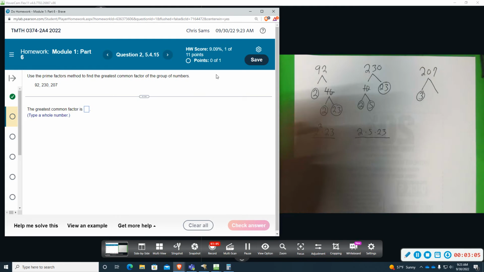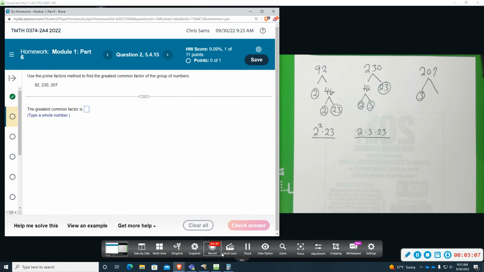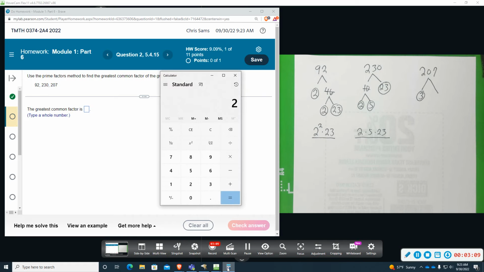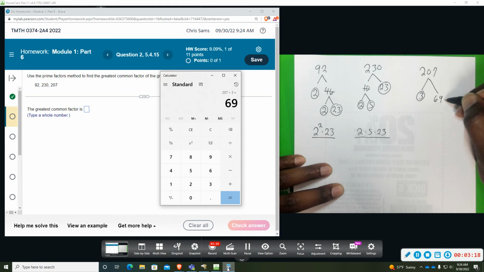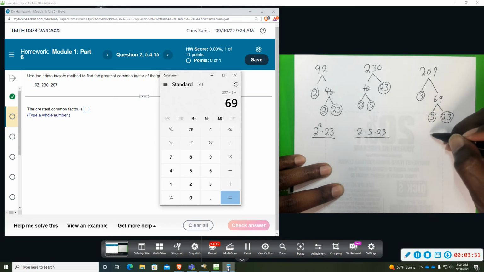If I do 207 divided by 3, which I'll use the calculator to assist me, that will give us 69. 69 is also divisible by 3, so I'm going to divide that by 3, and that's going to give us 23. And that's prime. So the prime factorization of 207 is going to be 3 squared times 23.